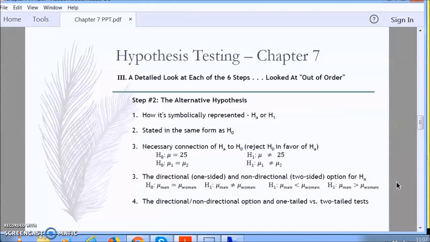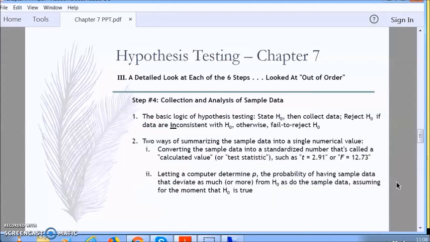So, one-tailed, two-tailed test. We've talked about step 1, step 6, and step 2, which is choosing an alternate hypothesis. So in your research study, you choose a null hypothesis, then you choose an alternate hypothesis. Now we are going to talk about step 4.